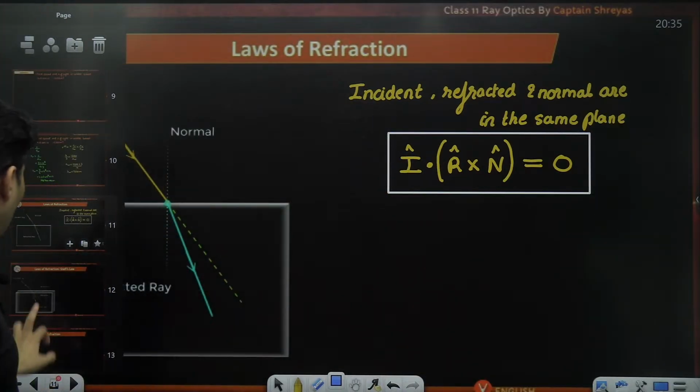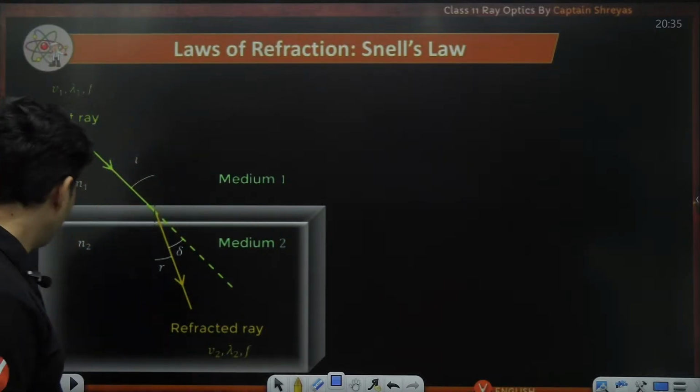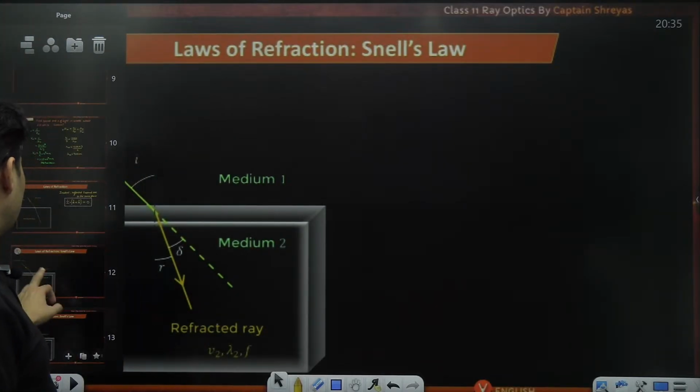Okay. Now, what is the other law? It is also famously called Snell's law.